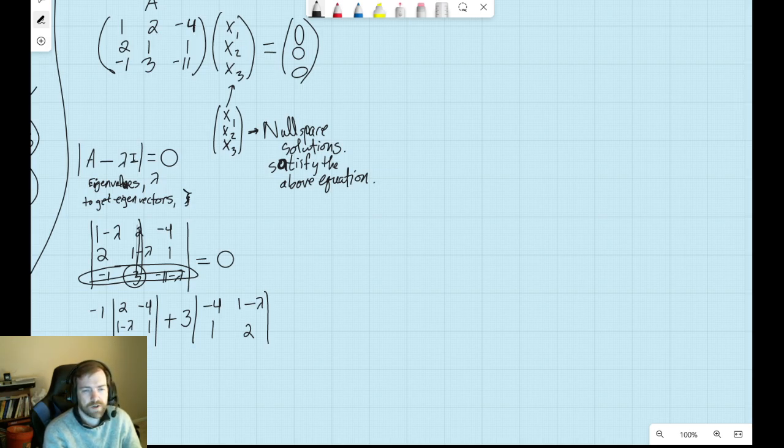So it goes to the next element. In this case, it wraps around to the top. So we got -4, and 1 minus lambda is the next thing to the right, which again causes me to wrap around this way. You still can't see this. See? Knew I was going to do it.